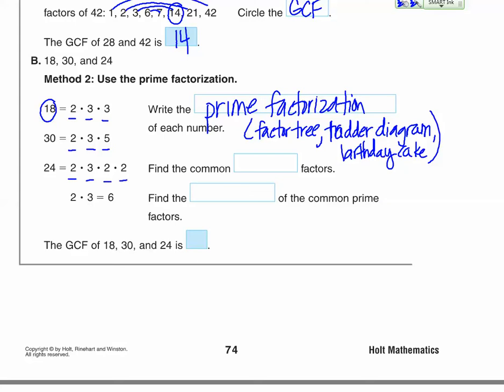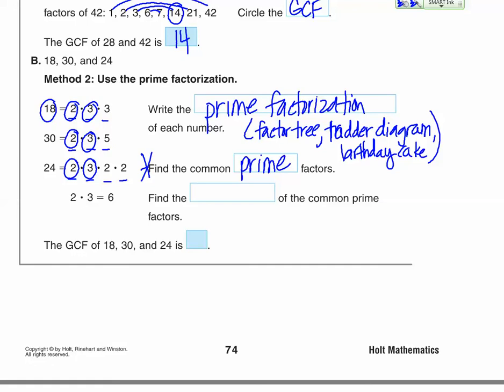So what you're going to do for this method is find the common prime factors. What are the factors that each of these numbers have? Well, they all have a 2. Okay. They all have a 3. Okay. This one has an extra 3.